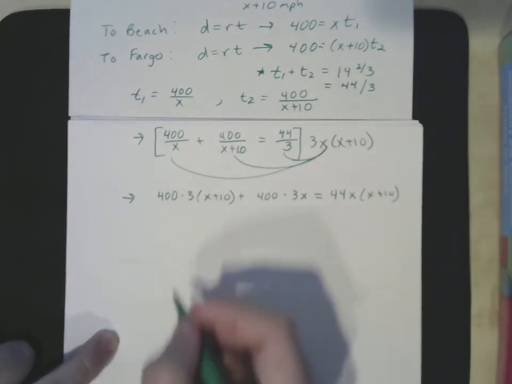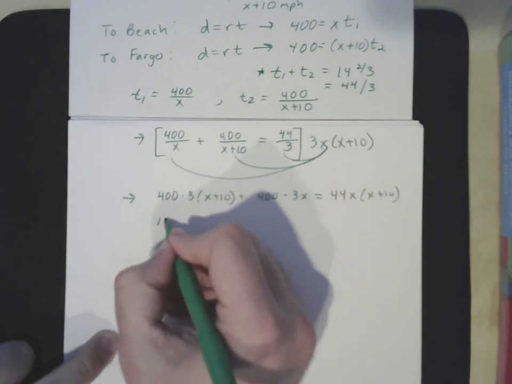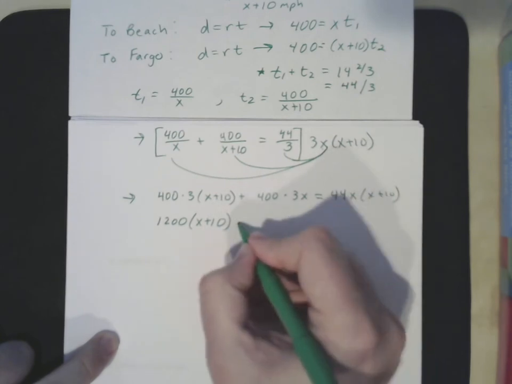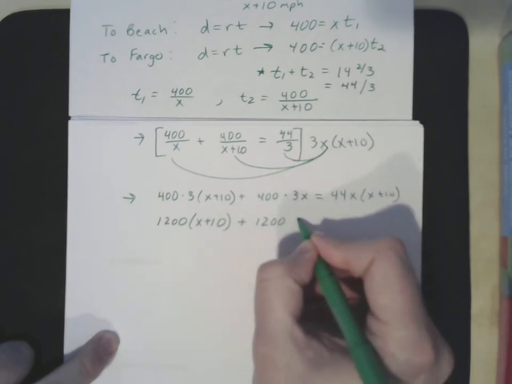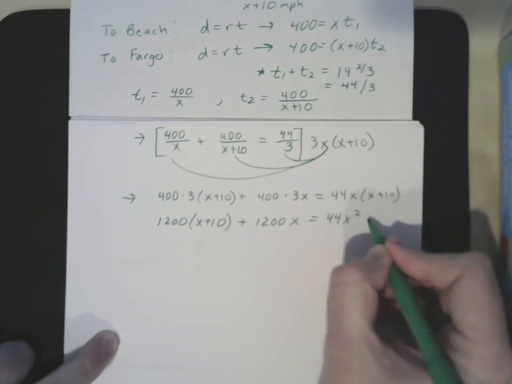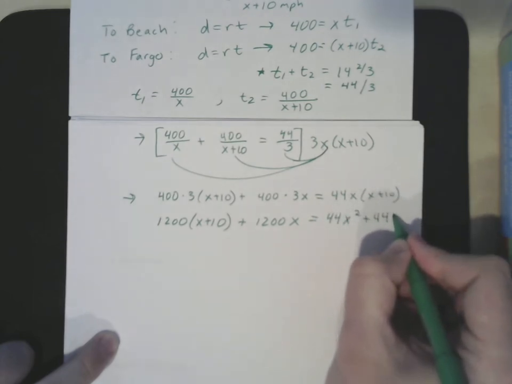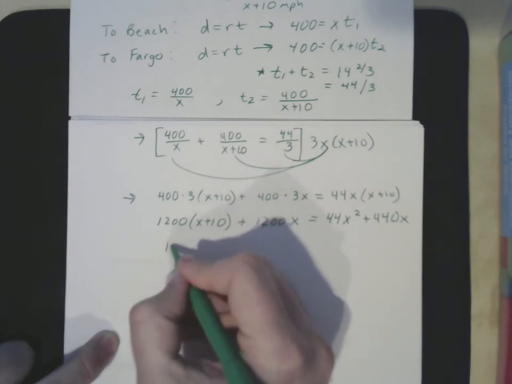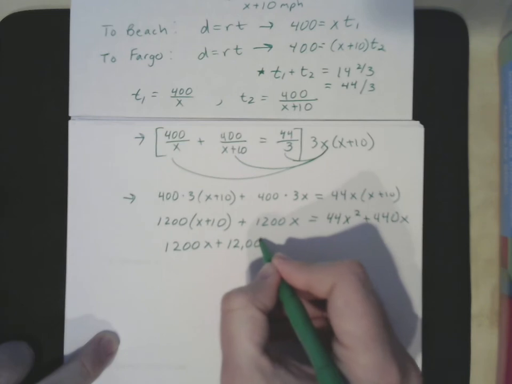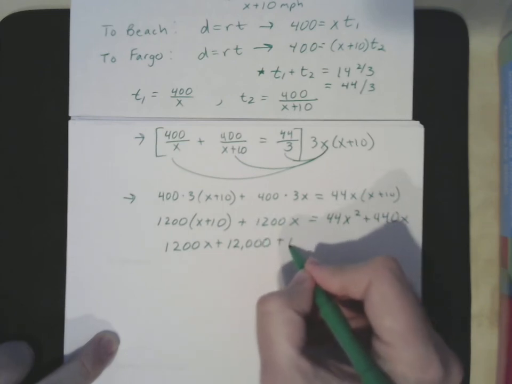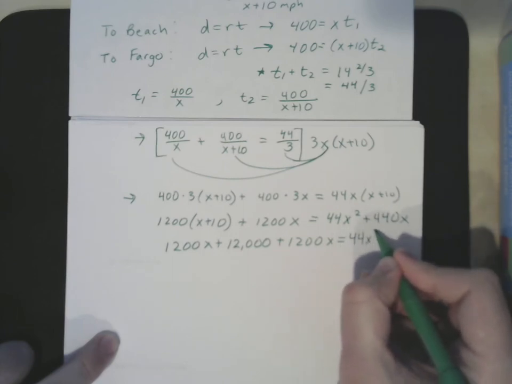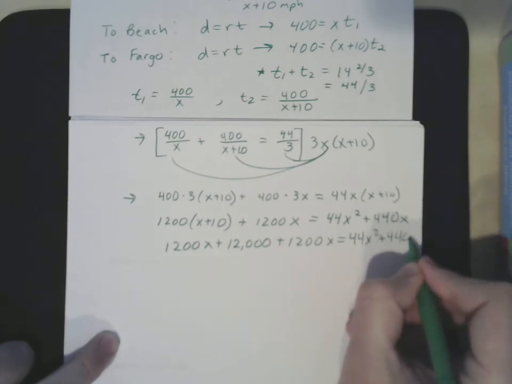Now we just simplify down. So this is going to be 1200 times x plus 10 plus 1200x equals 44x squared plus 440x. So we have 1200x plus 12,000 plus 1200x equals 44x squared plus 440x.